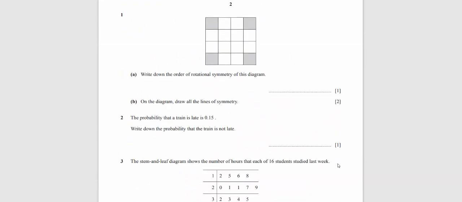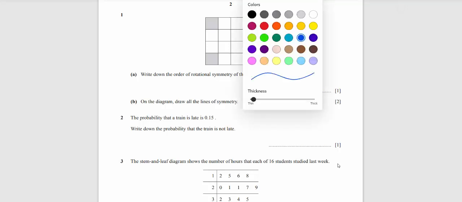So we have this square shape, and they ask you to write down the order of rotational symmetry of this diagram. So what you need to know is where the center of the rotation is.